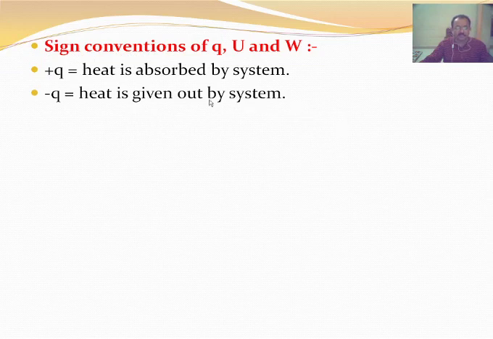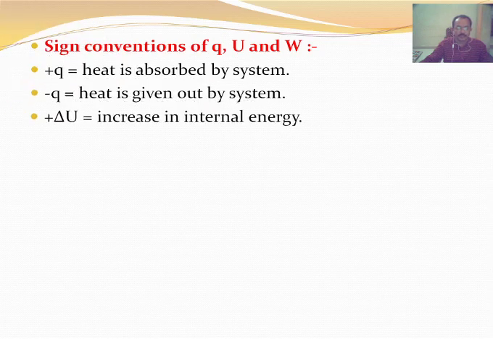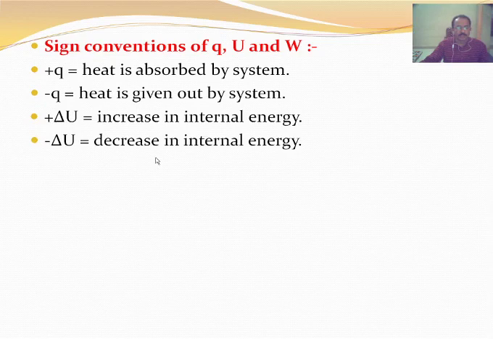At that time, Q is given a negative sign. Whenever there is an increase in internal energy, the change in internal energy delta U is positive. Whenever there is a decrease in internal energy, delta U is given a negative sign.